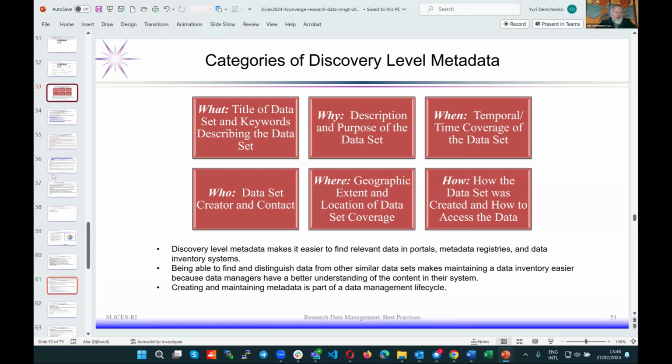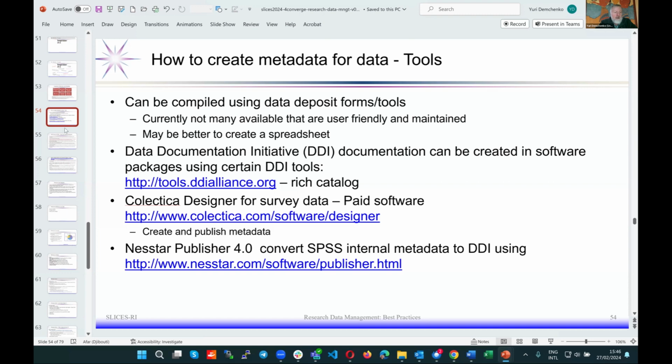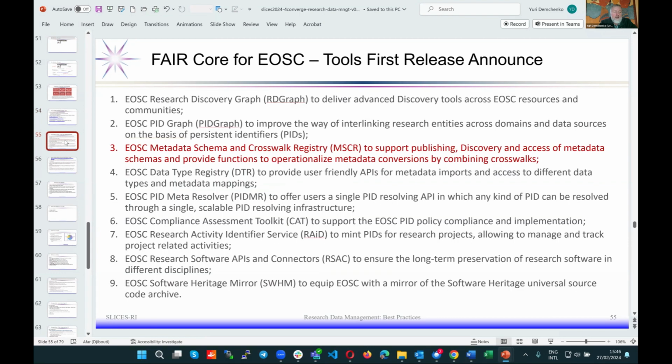The remaining part of this presentation is related to data protection. Maybe this one is important for reference. I mentioned that the EOSC community created a good set of tools for managing data and metadata, and the FAIR Core project created these kinds of tools.